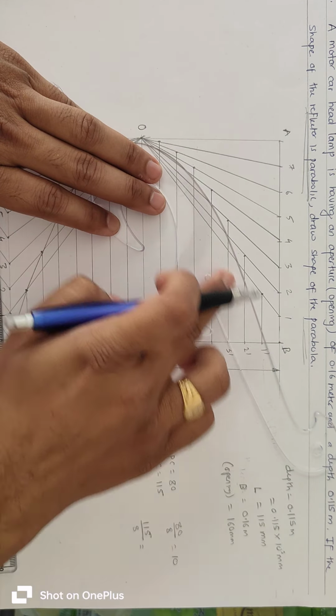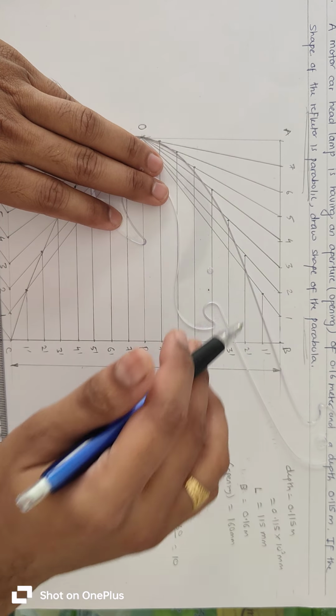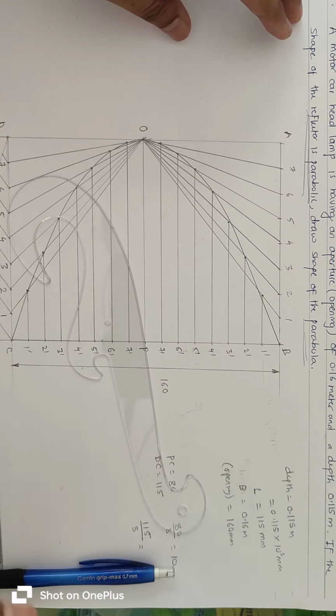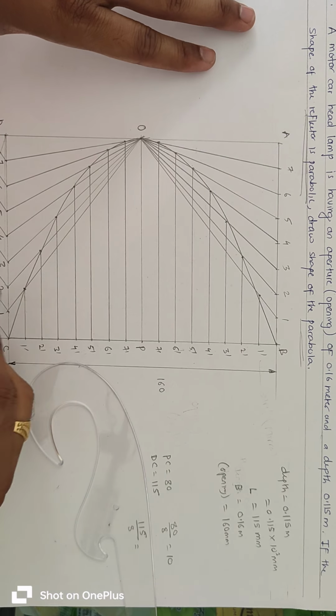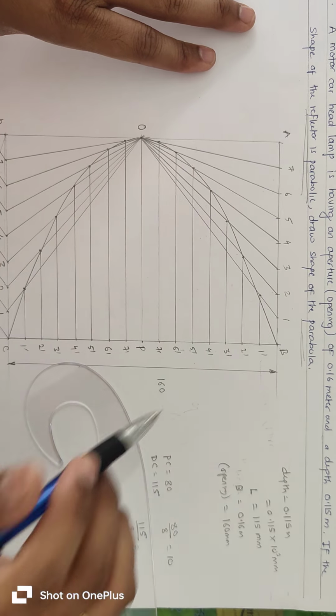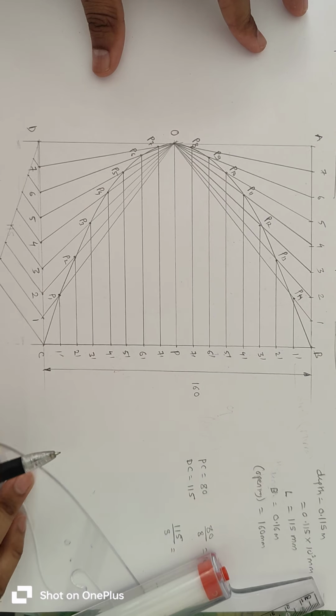I use the front side of the French curve and draw this curve. So this is our final parabola. Now mark these points as P1, P2, P3 up to the last point. So this is how our final parabola will look.